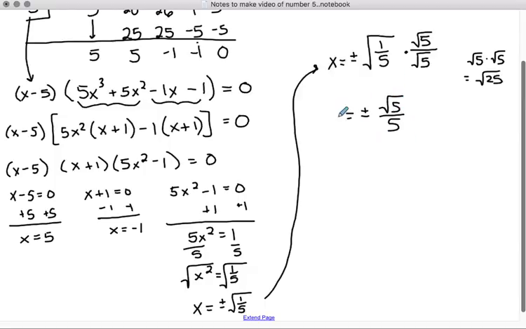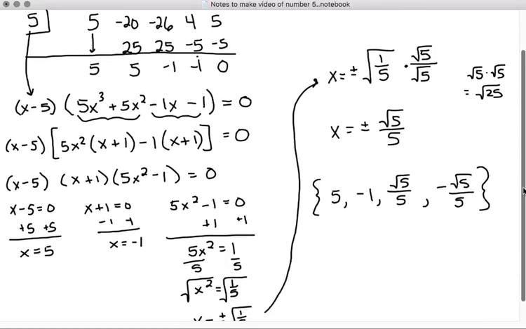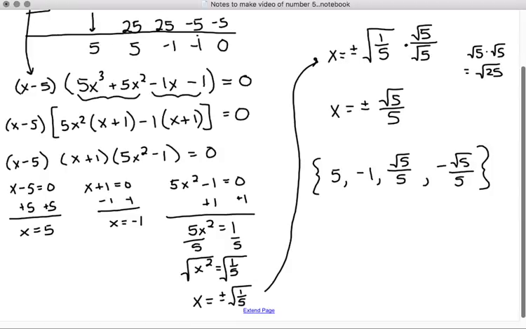So the answer key will have the 4 answers, which are x is equal to 5, -1, positive root 5 over 5, and negative root 5 over 5. And that, my friends, is how we solve for all 4 of the roots. Okay.